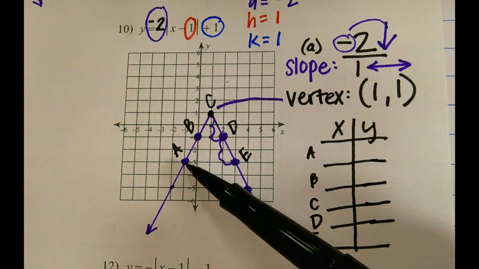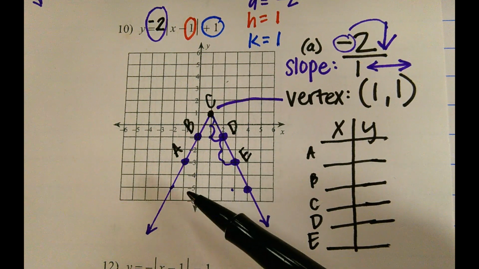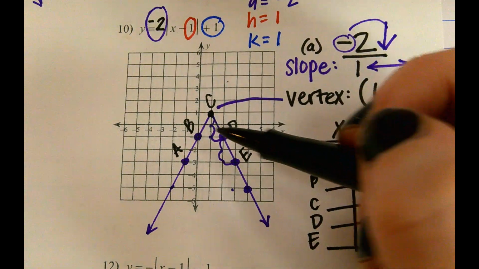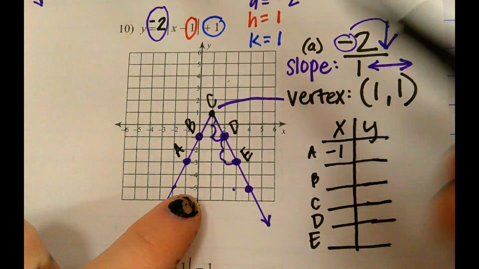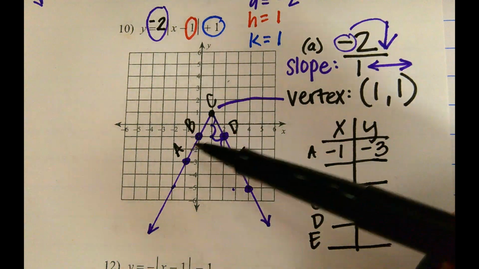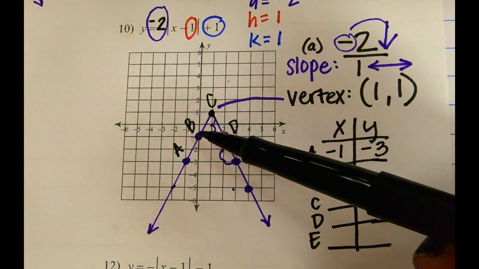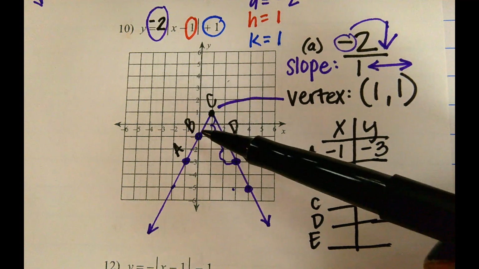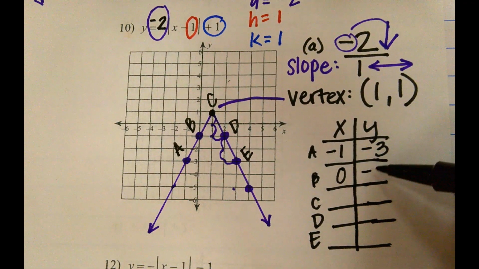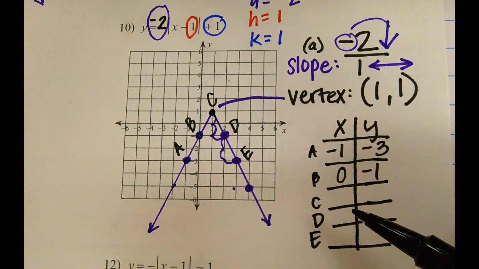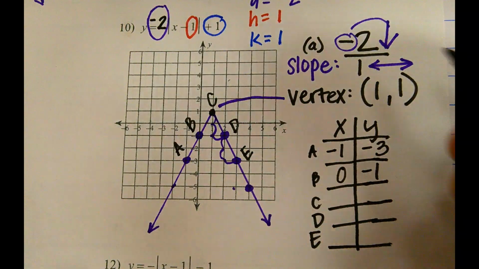How would I label point A? Minus 1, minus 3. Minus 1 for X, good. What was your Y? Minus 3. Good. Very good. How about point B? 0, minus 1. Good. Somebody else, how about point C? 1, 1. Yes.